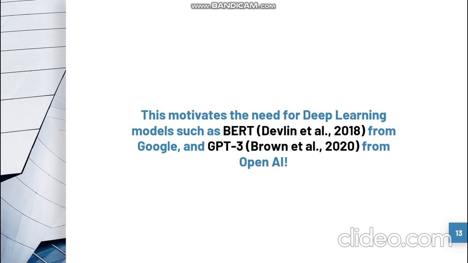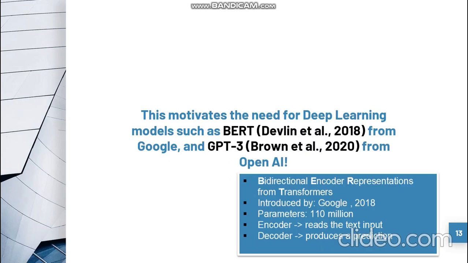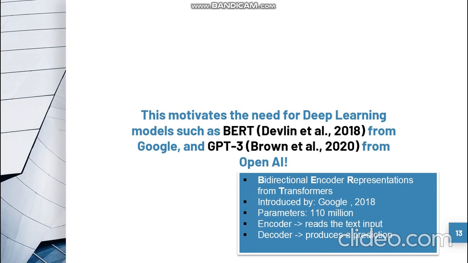So this motivates us the need for deep learning models such as BERT from Google and GPT-3 from OpenAI. Bidirectional Encoder Representations from Transformers was introduced by Google in 2018 and contains 110 million parameters, and its encoder reads the text input and decoder predicts the output.